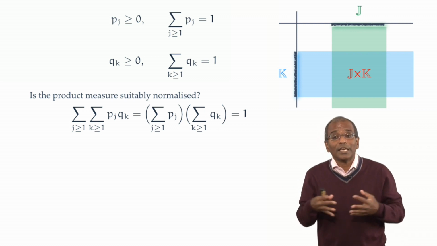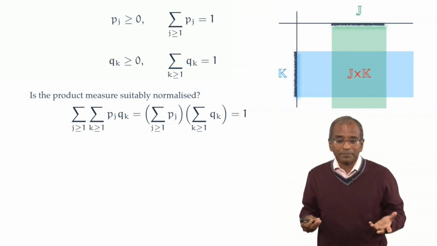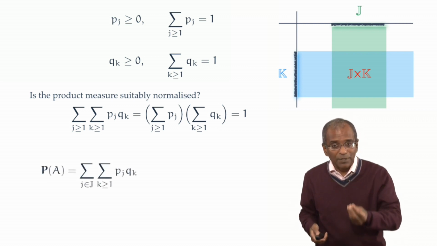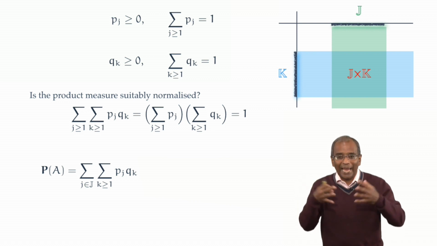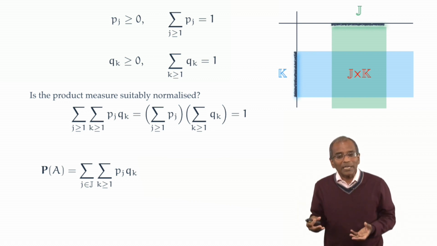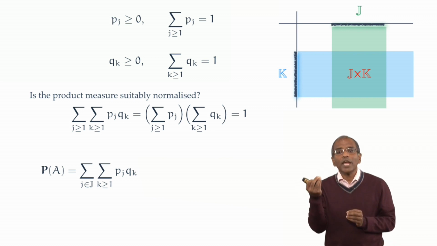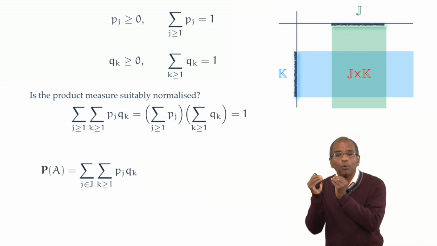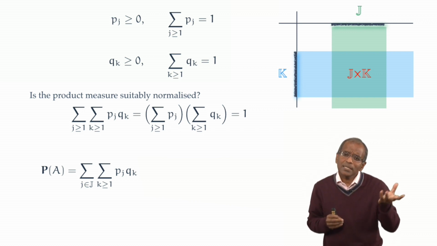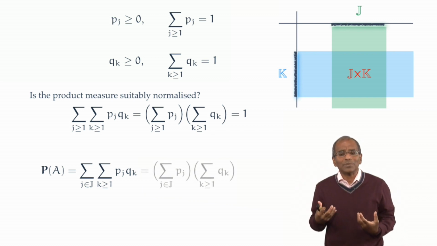Now let's turn to the events. What can I say about the chance of the event A? Naturally enough, by additivity, we sum over all possibilities for the atoms in A. What are the atoms in A? Well, they are pairs aj bk, where j ranges over an identified subset of integer indices, blackboard J. k is unfettered, can range over all indices. Again, the sum factors into a product of two sums.